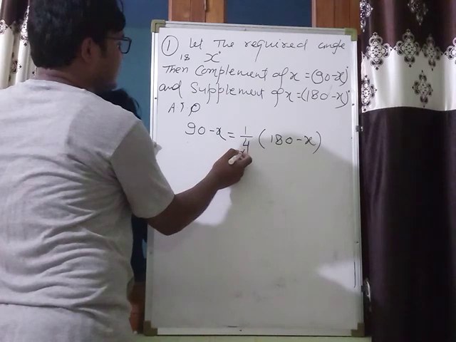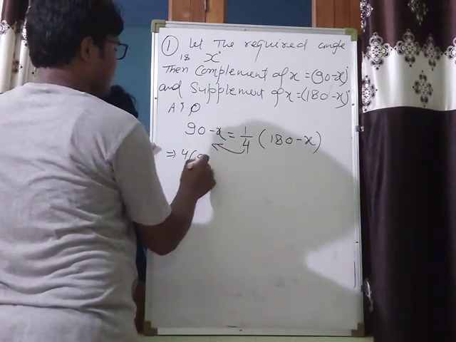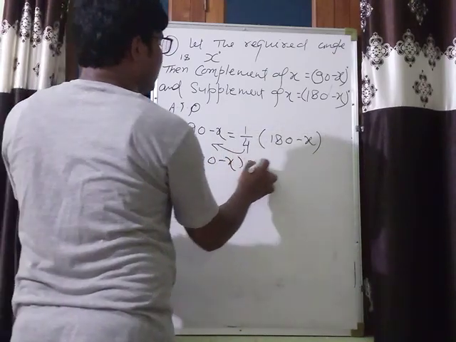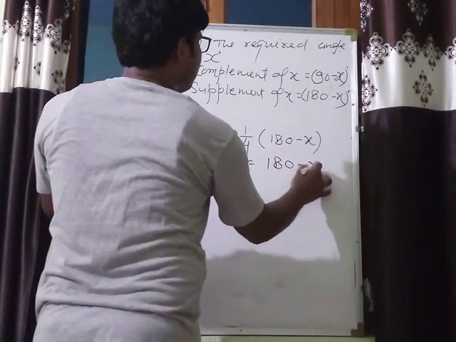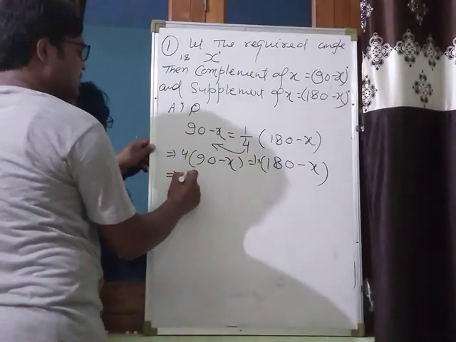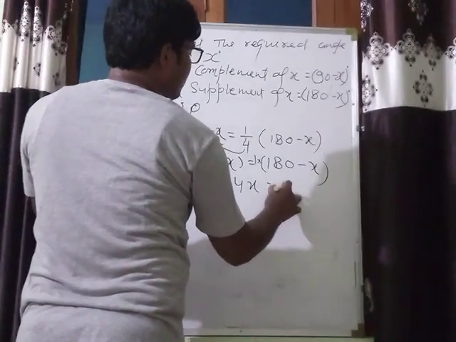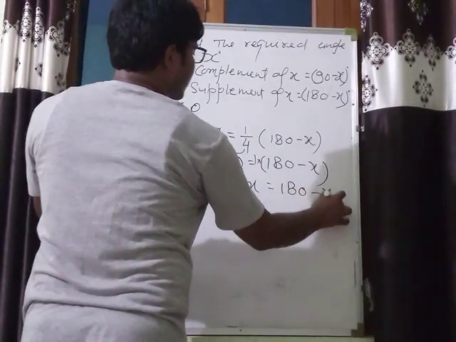So transfer this 4 to this side. What we have? 4 into 90 minus x is equal to 180 minus x. So 4 times 9 is 36, that will be 360 minus 4x equal to 180 minus x.